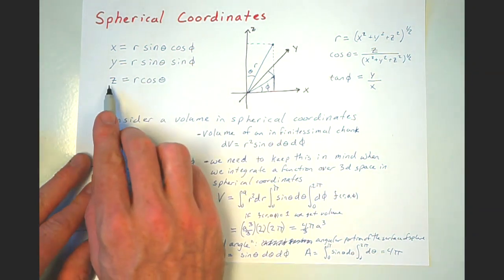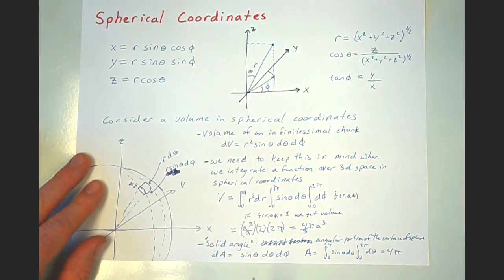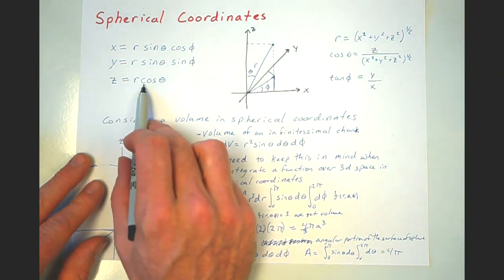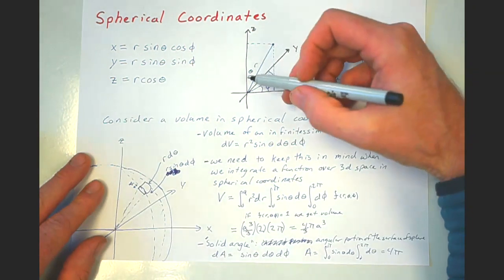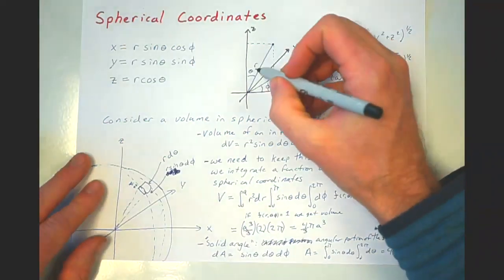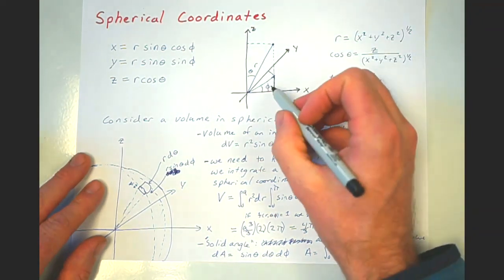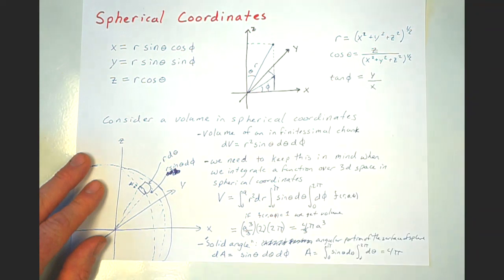So we can think of z as r, the radius, times the projection along the z-axis. Theta is our angle from the z-axis, and phi is our rotation in the xy plane, so how far we are rotated from x towards y.